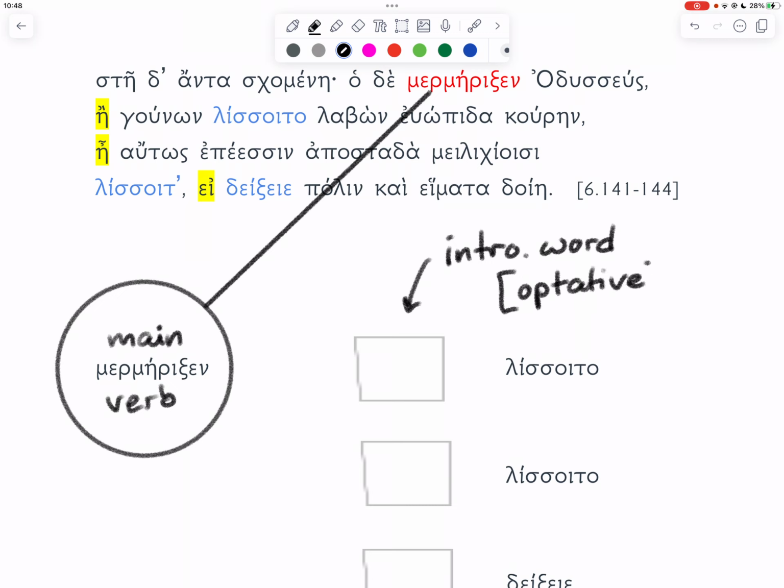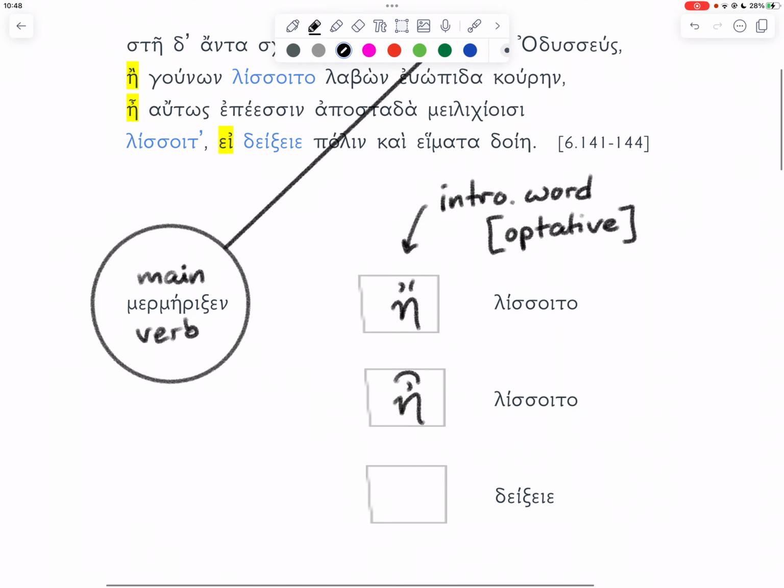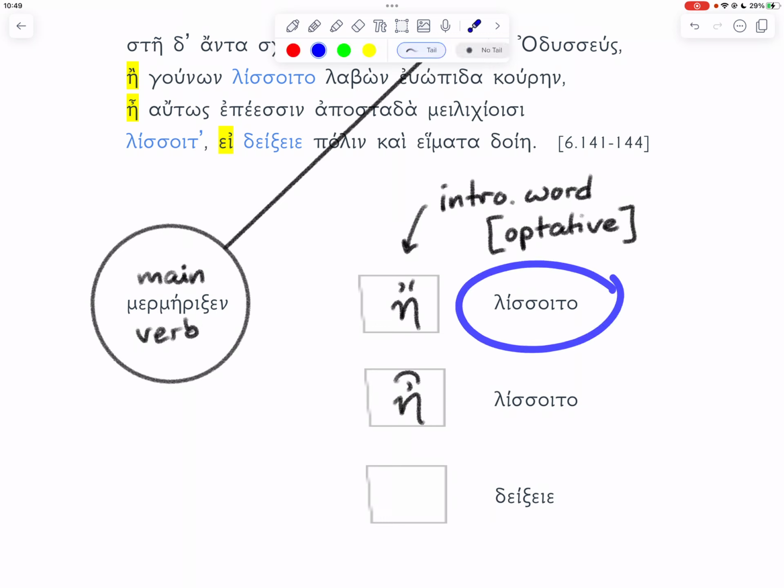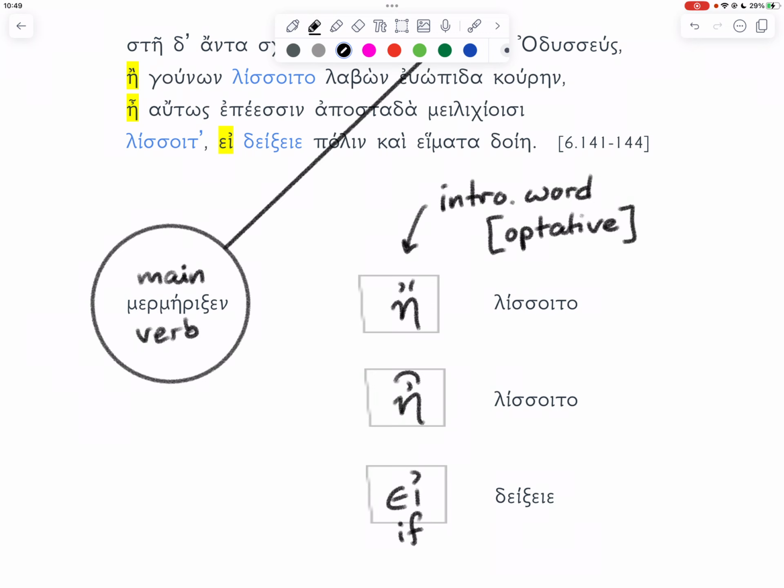The first one here is this word: whether he should beg her, and it's actually the same word here, or if he should beg her again. Remember, this one is if he should beg her while grasping her at the knees, or if he should beg her with just the words. And this last one is introduced by the word a, which means if.